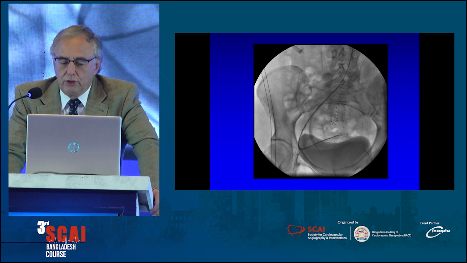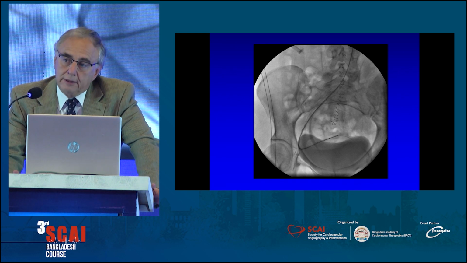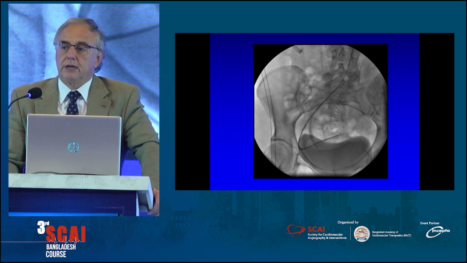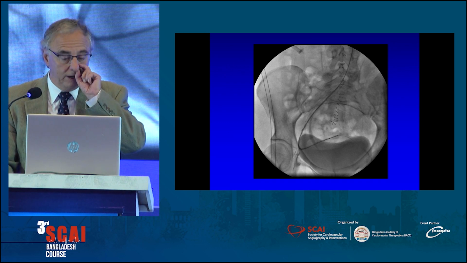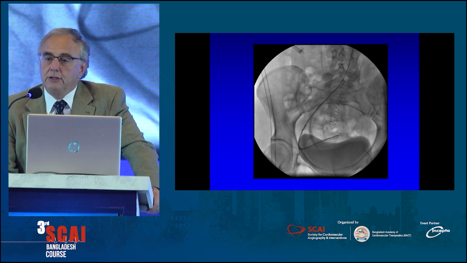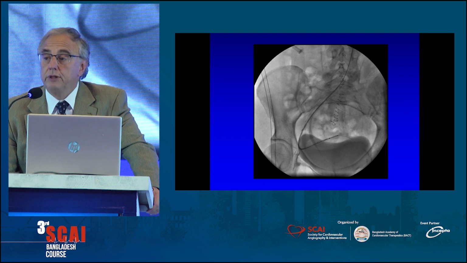In order to do that, you also have to give heparin, because the patient will start to release thrombin, and there are complications related to bleeding that you have to control. Sometimes you have to decrease the doses of thrombolytics, and in order to prevent bleeding complications, it's better to put the heparin through the sheath. So I have the catheter and I have the sheath, and I put the heparin through the sheath.